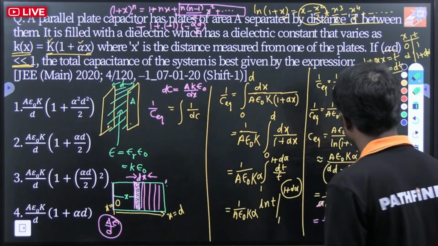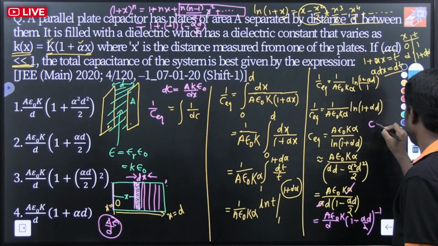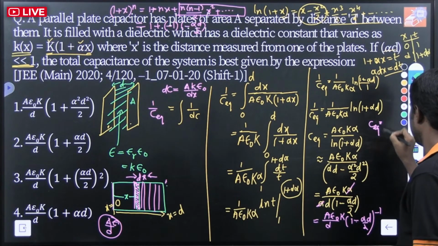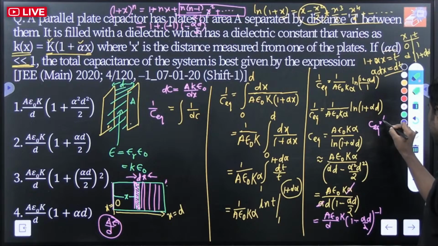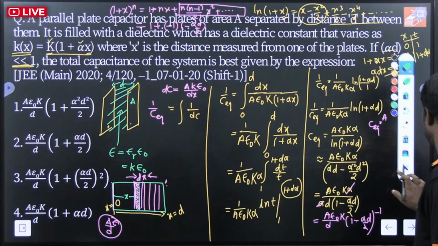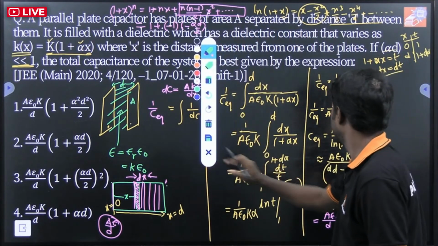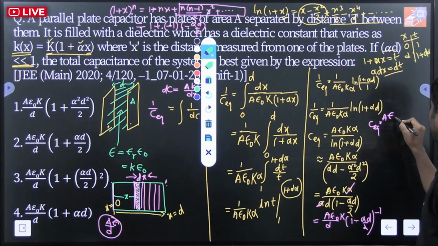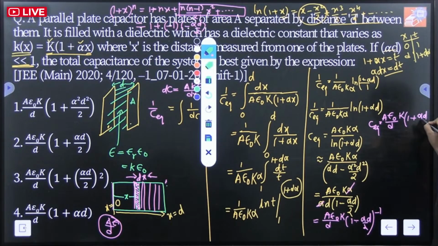So we will get the C equivalent equal to A epsilon naught K by d into 1 plus alpha d by 2.